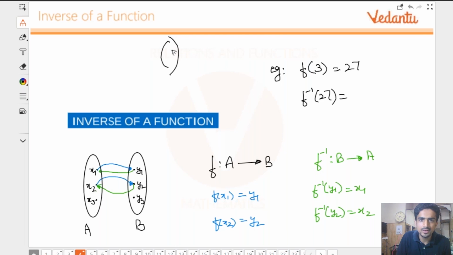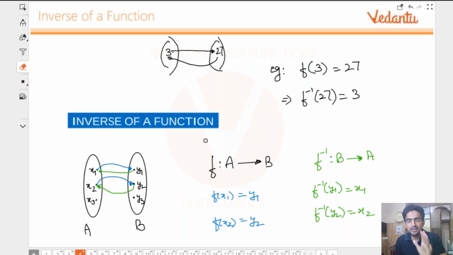So if f is taking 3 to 27, then f inverse will take 27 back to 3. That's all. Nothing more than that. So now I expect the meaning of inverse is clear to all. It is as simple as this.